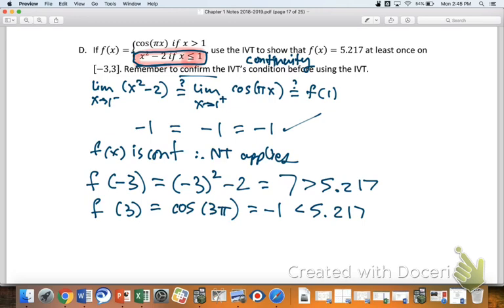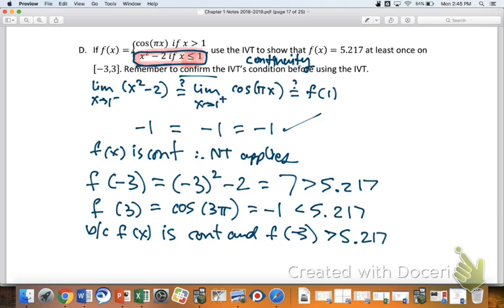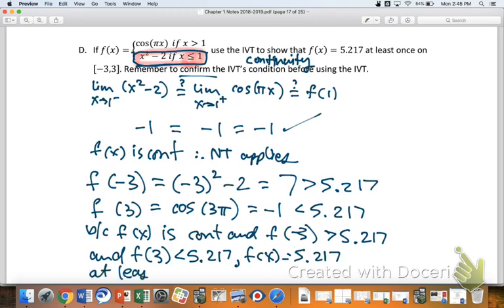So what I can say is, because f of x is continuous, and f of -3 is bigger than the target, and f of 3 is less than the target of 5.217, f of x must equal 5.217 at least once on the interval from -3 to 3.